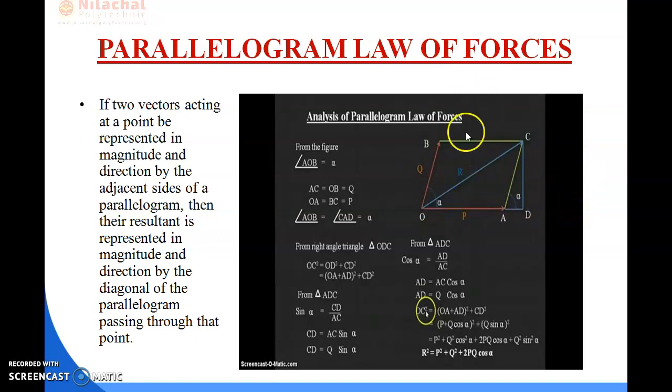So in this parallelogram law diagram we have two triangles, one small triangle and another big triangle.